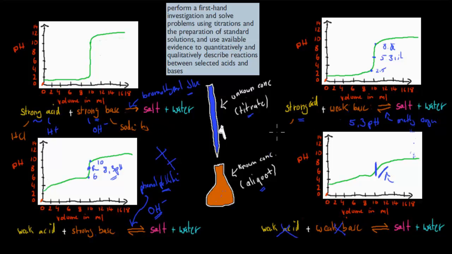Strong acid, again, this could be hydrochloric acid. A weak base could be, for example, ammonia. A weak acid could be, for example, ethanoic acid. And our strong base could again be sodium hydroxide. And again, we don't do weak acid, weak base titrations. So these would be just some of the examples.